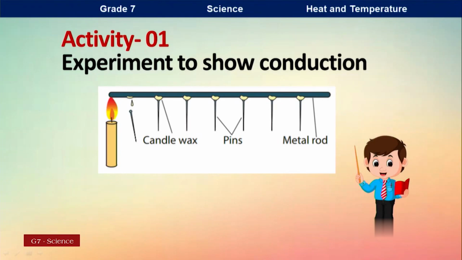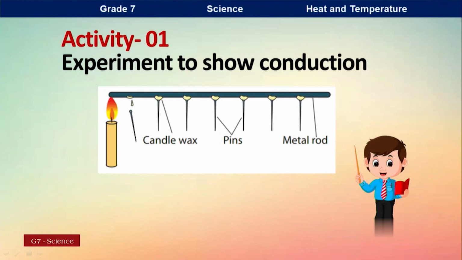Is it a conductor or an insulator? Yes, it is a conductor. So, heat should pass through it. As I told you earlier, heat should move from this flame end to the other end. Therefore, we will see what will happen if you heat this.